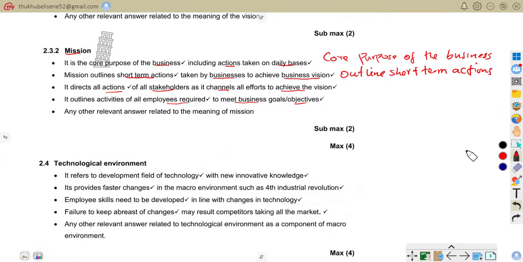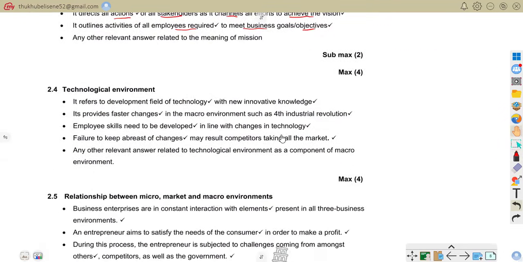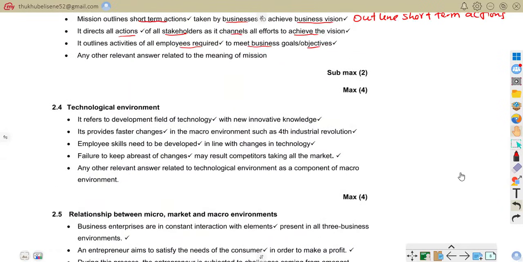So here we are on technology. This is the answer for the technological environment. The technological environment refers to the development of the field of technology with new innovative technology. So it refers to advances and innovations in technology.